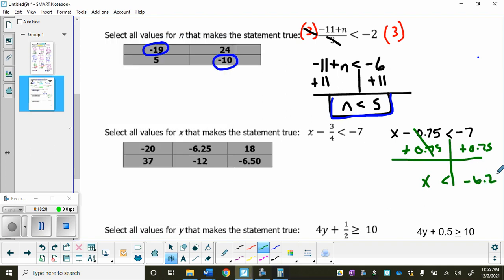So we want to find anything over here that is smaller than the -6.25. All right, so -20. Remember, if you're looking for stuff that's smaller and negative land, you want it to get more negative. -12 would certainly work. We're not going to pick the -6.25 because it doesn't have or equal to.